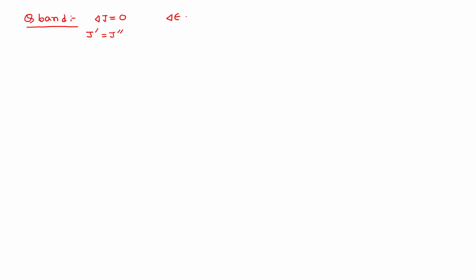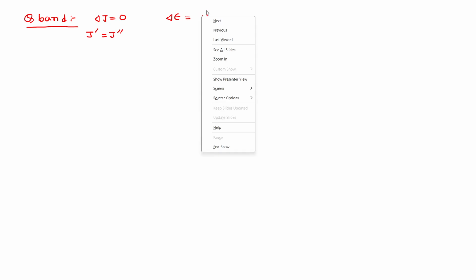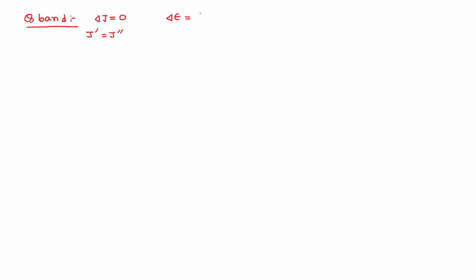Then you already know the band origin is nu bar, and then it is B dash J dash (J dash plus 1) minus B double dash J double dash (J double dash plus 1).